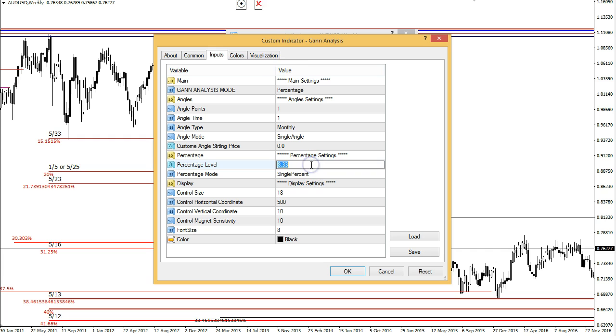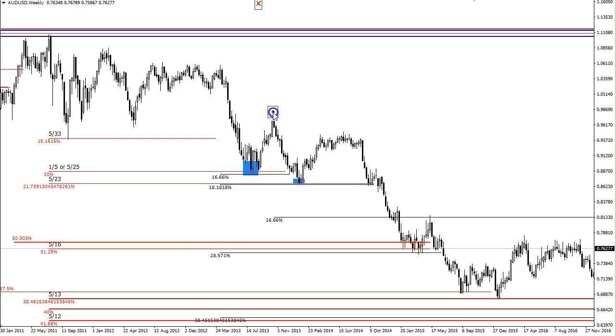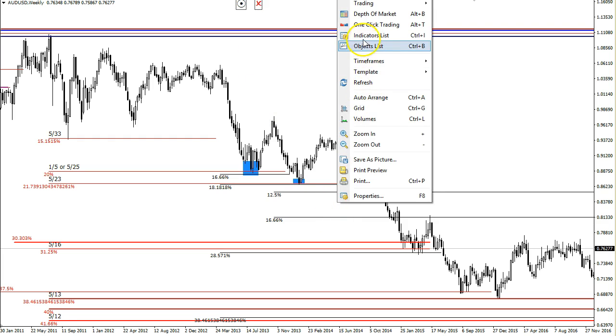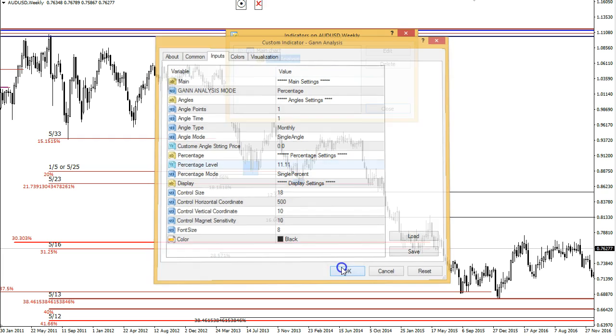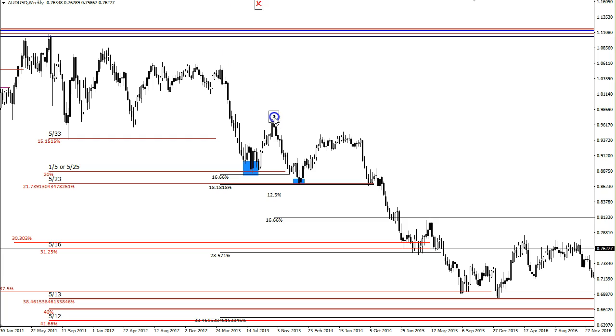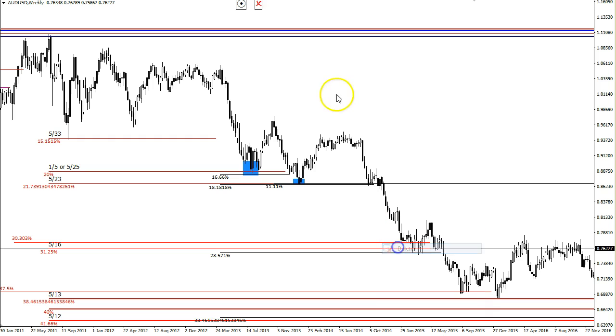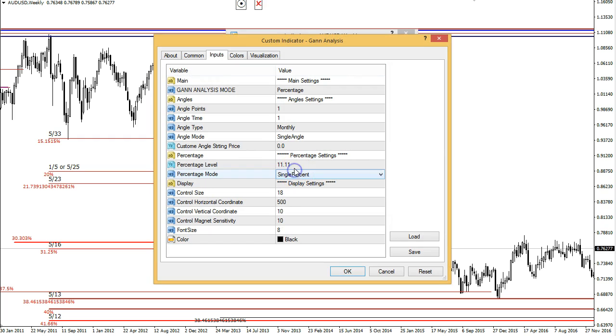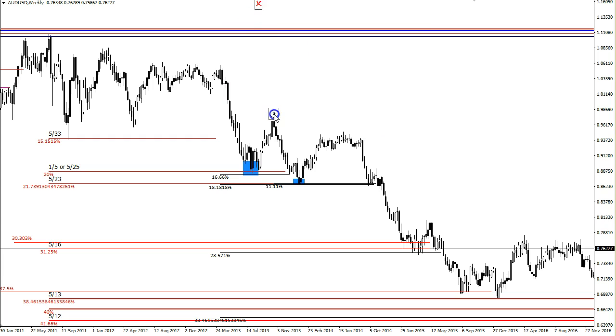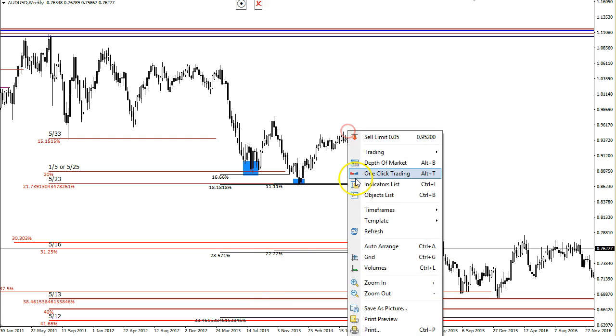You have 12.5, measure Gann percentage, so 12.5 no reaction. 11.11 is a halfway between, so we can see that 11.11 did stop the market. 16.66 nothing, I remove, and double of that is 22.22. Double of 11.11 is 22.22. You can see that 22.22 was overlapping here.